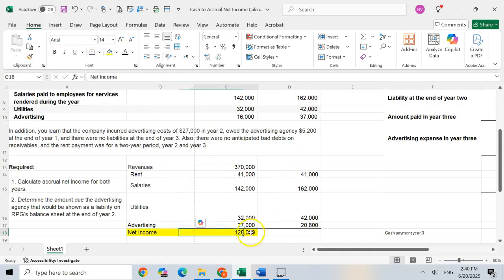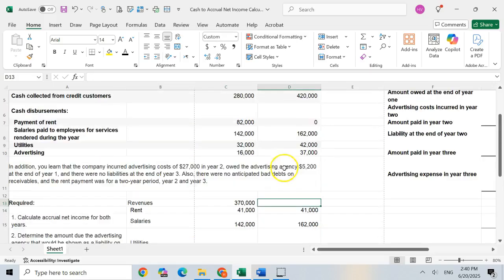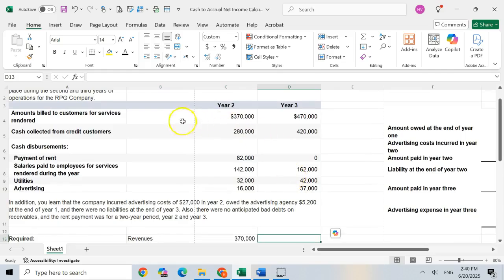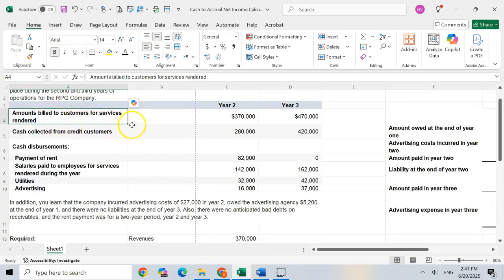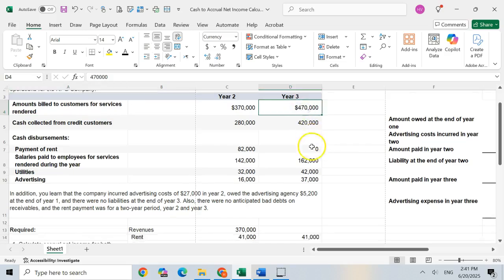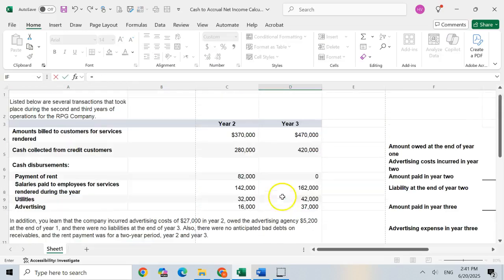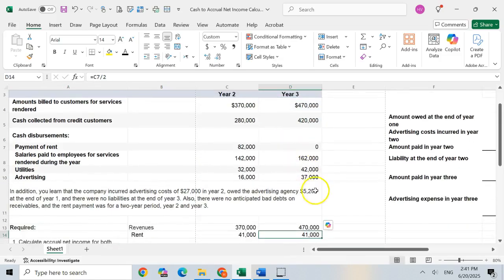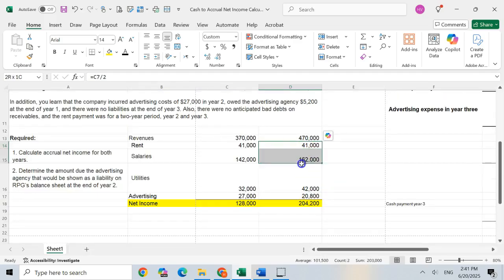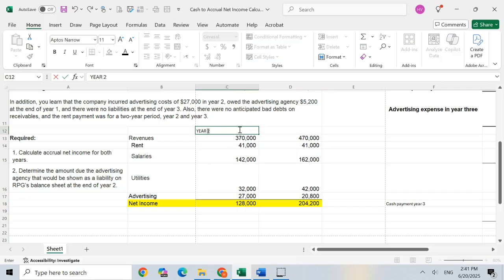And then for year 3, we're going to put the same formula, but for the revenues earned, I just didn't put that into the year 3 column earlier. That's going to be the amounts billed to customers, which is $470,000. And then we have our expenses for each of those years.